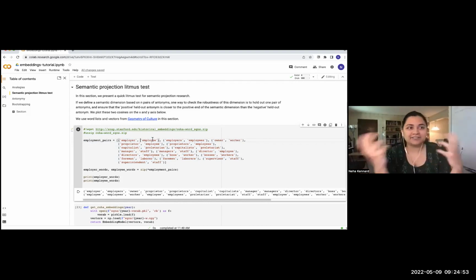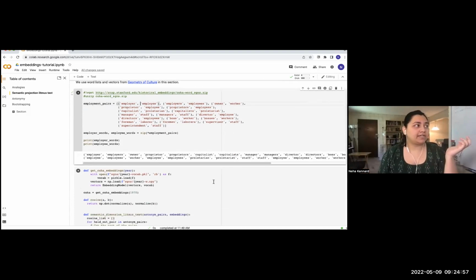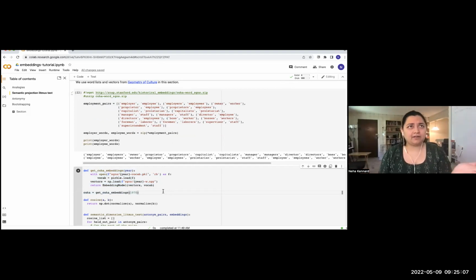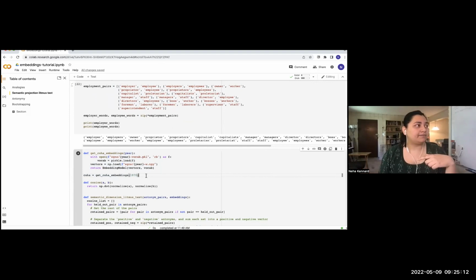So how do you test and make sure? I'm going to suggest that we, first of all, load some embeddings for different decades. This is a corpus of historical American English from Hamilton et al. 2016, also cited in the slides. I'm just grabbing the embeddings here.